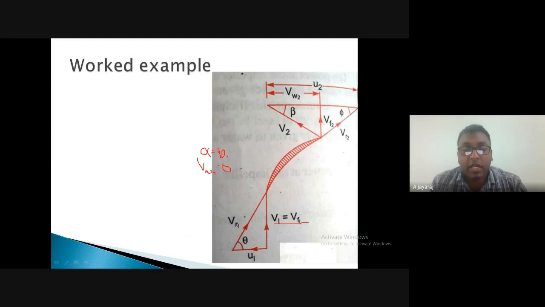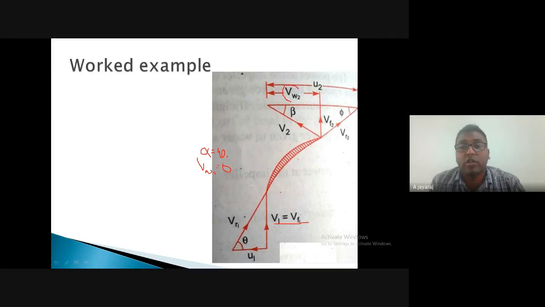We know the relative velocity is at an angle theta, which is given as 20 degrees. At the outlet, this is the velocity triangle we are seeing, with the relative velocity at an angle phi, which is given as 30 degrees. So vf2 and the other quantities we will be able to find. Here we have the absolute velocity at the exit, v2, at an angle beta, then the relative velocity at an angle phi, with the tangential speed at the exit and the whirl velocity at the outlet.